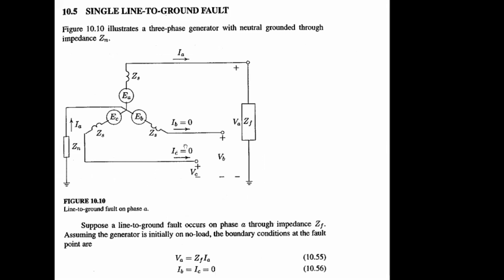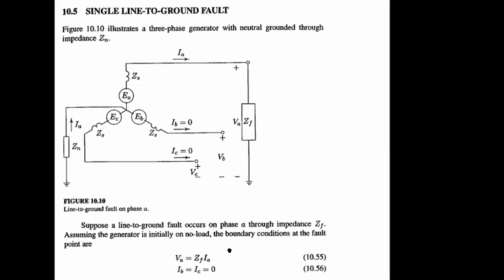Based on the fault impedance, initially you have an open circuit, but when you have a fault, it will generate some path, and that path will carry some fault current through that fault impedance. In that case, you will have some voltage drop over the phase A terminal, and for phases B and C you will have 0.